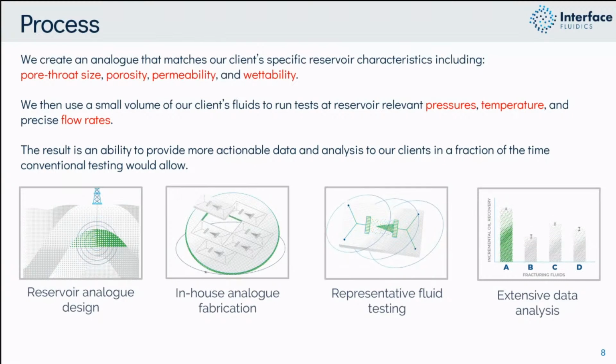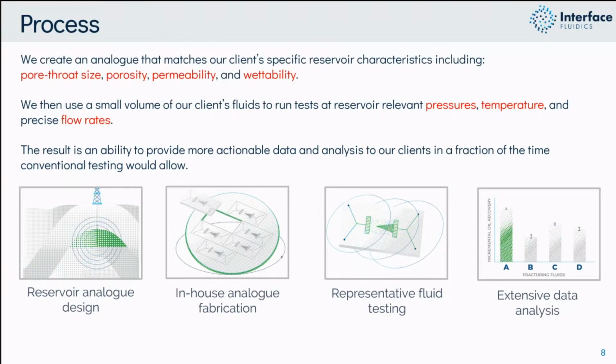Once the reservoir analog is designed, we do the fabrication. We do it in-house. We have our fabrication experts to fabricate and make these analogs. Once the analog is ready, the next phase is applying the tests and experiments with the representative fluid. So we use the reservoir brine, reservoir oil, and we run all of the experiments at high pressure and temperatures to make sure that the results we get can be used once applied to actual field operations.